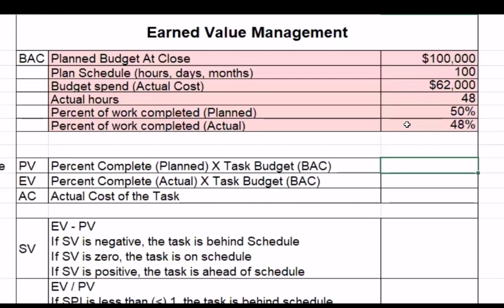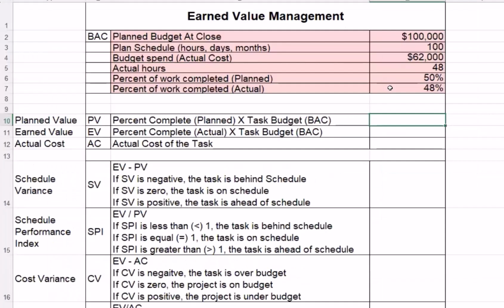Now we have to do the calculations. Planned value is planned percent complete times the task budget, or budget at close. And our EV is the actual percent complete times what we were expecting.